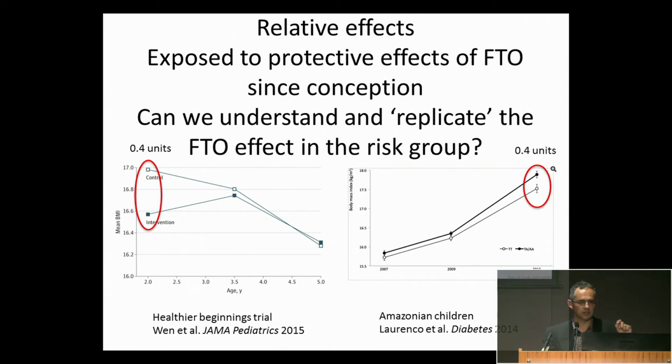So, I mean, this gene, when you look at it by itself, has a weak effect, right? But it's still an effect that you could say, how would we replicate it? Can we understand and replicate the FTO effect in the risk group up here and get it down to the effect in the protective group? Who knows? But these are sort of pathways one could follow for solutions.